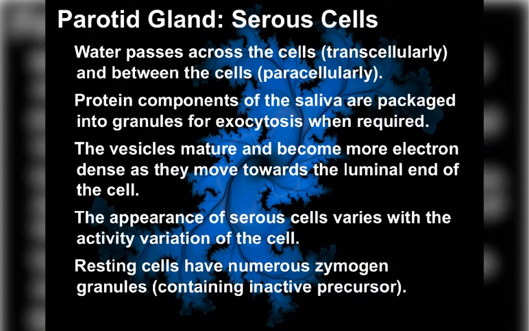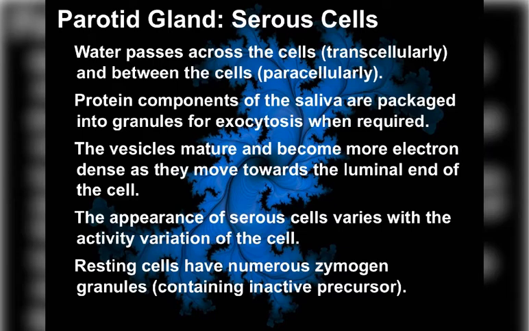Water passes across the cell transcellularly and between the cells paracellularly. Protein components of the saliva are packed into granules for exocytosis when required. The vesicles mature and become more electron dense as they move toward the luminal end of the cell. The appearance of serous cells varies with the activity of the cell.